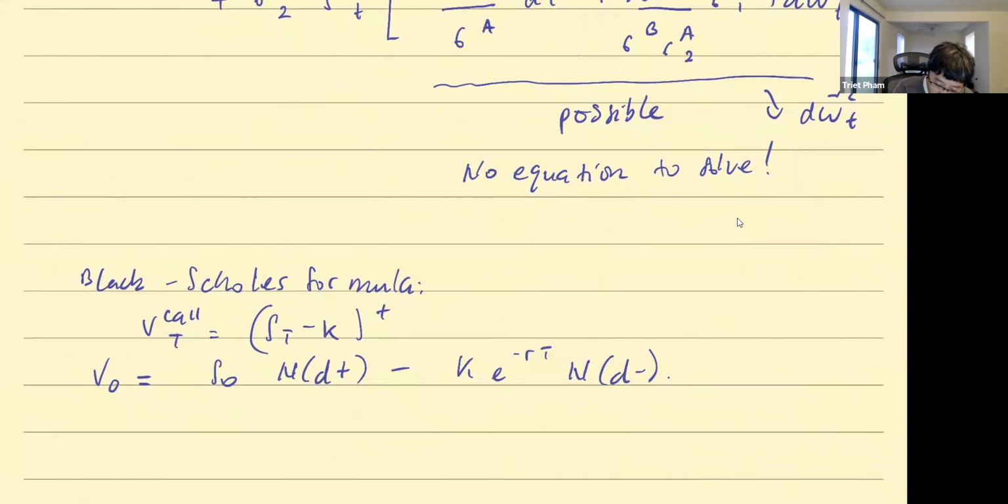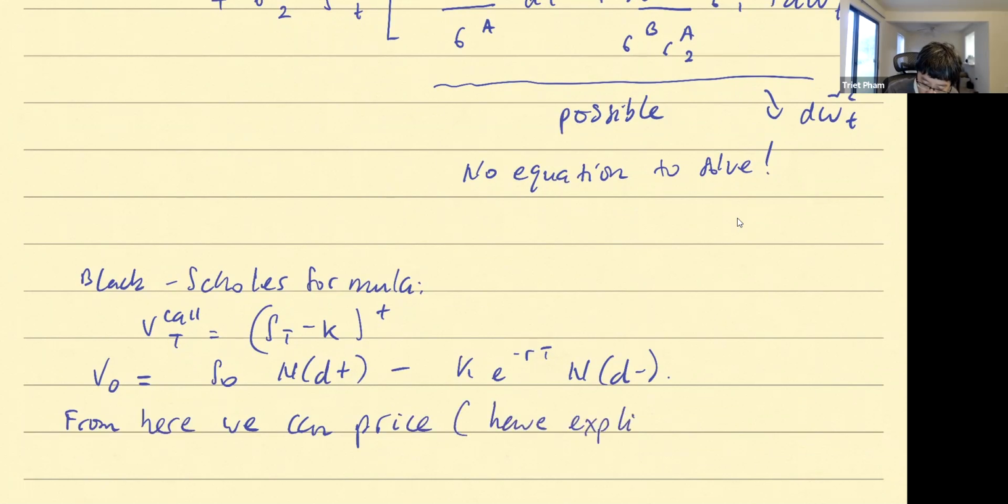So from here, we can price many other options. By price, I mean have an explicit Black-Scholes-like formula for many other derivatives.